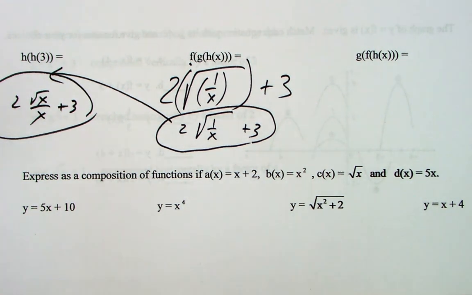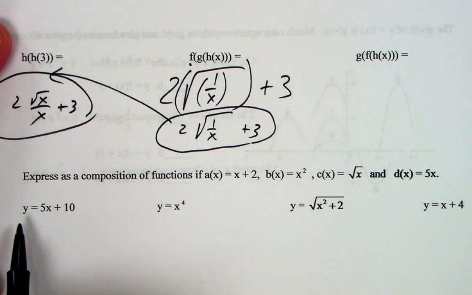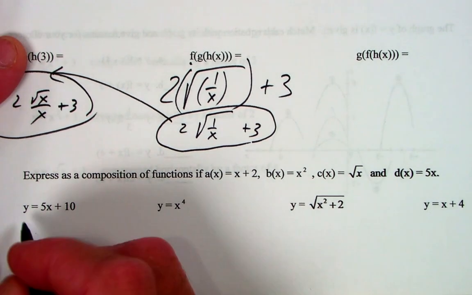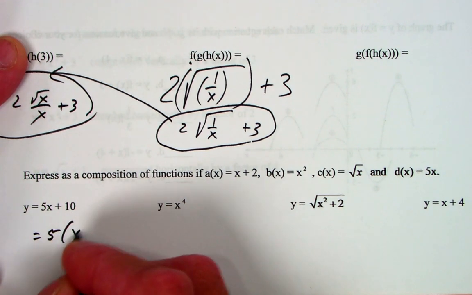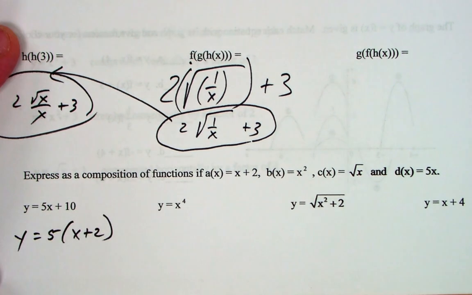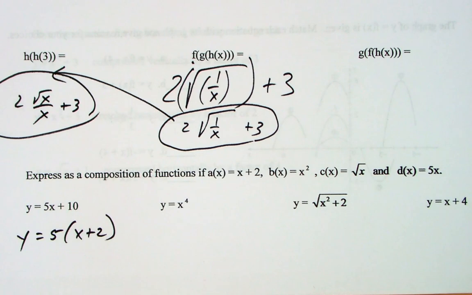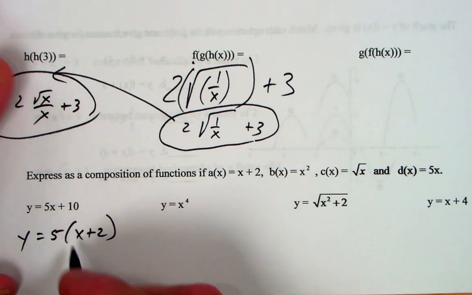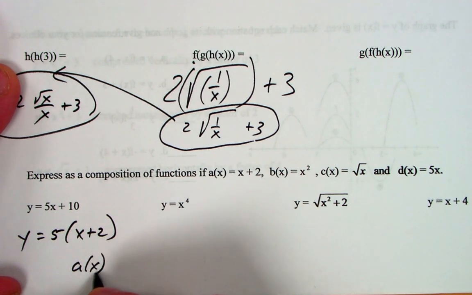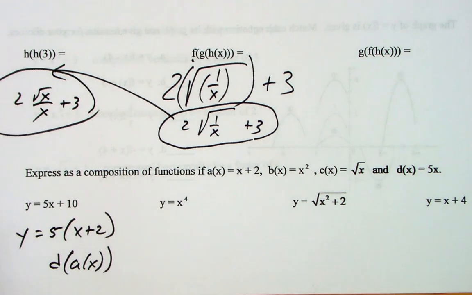One thing you could do if you wanted to is rewrite this in terms of just those 4 things, which in this case would be 5 times x plus 2. Because there's a plus 2 function, there's a times 5 function. So the first thing being done is an A, and then we're doing a D to it. So if you rewrite it in terms of just those 4 operations, then it'll kind of solve itself.